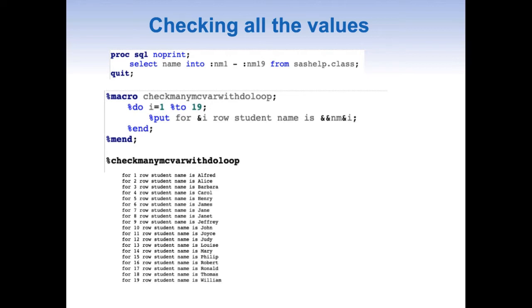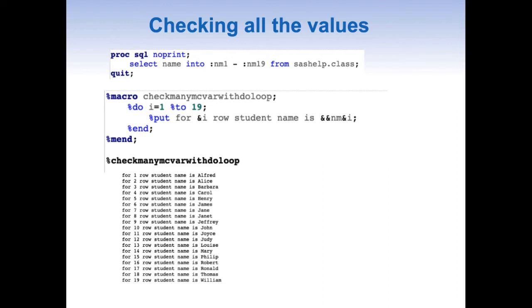So whenever we want to access many macro variables which have a starting point and an ending point, we simply can create that starting point and ending point in a %do loop, and then we can use indirect macro variable reference to access these macro variables.